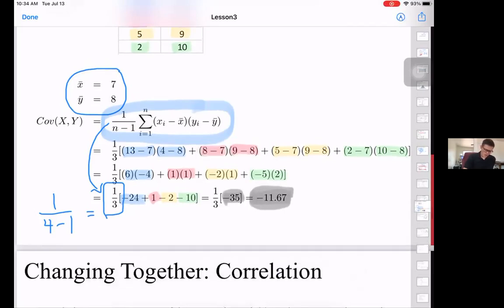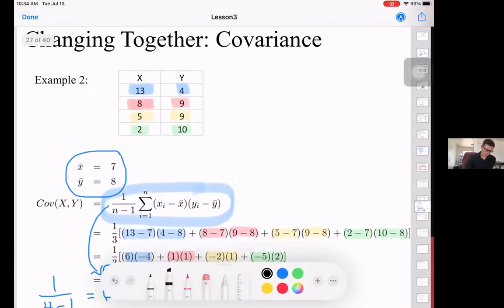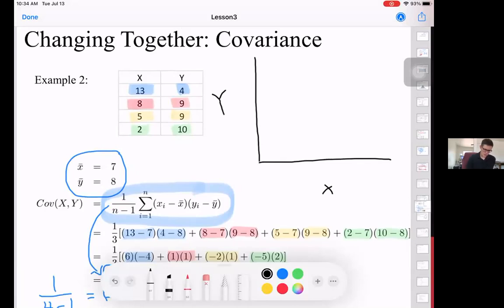Okay, so let's just plot this data really quick to see what that's saying. So we're gonna have the x's down here and the y's right there. And let's see what our values are. For x, we've got between 2 and 13.